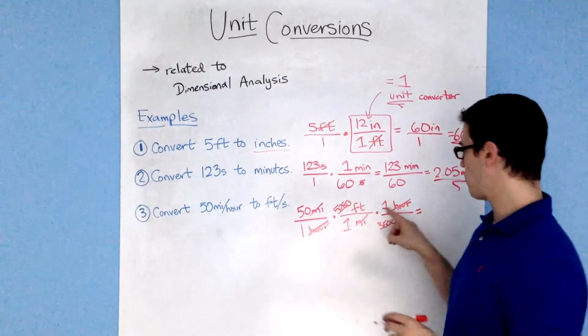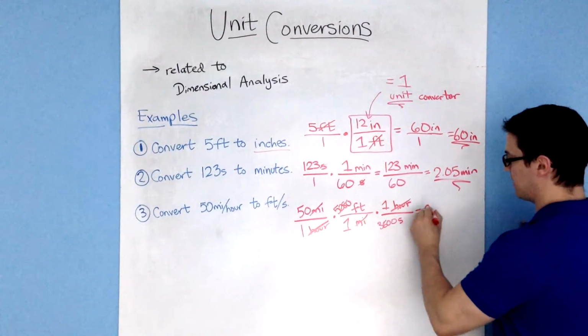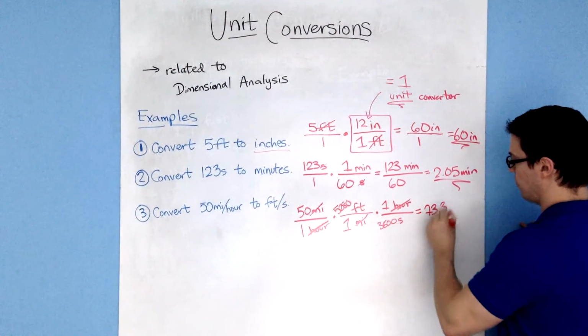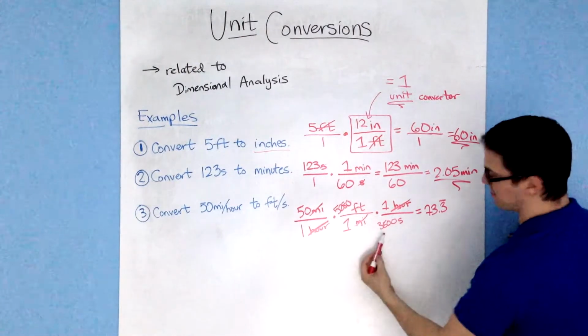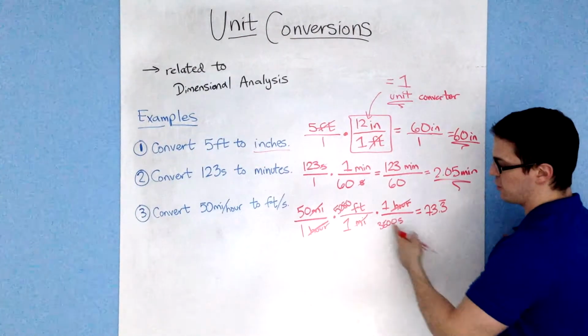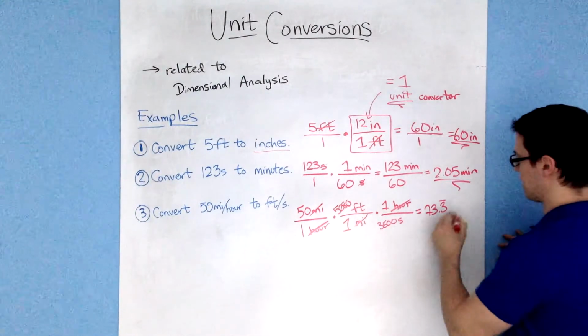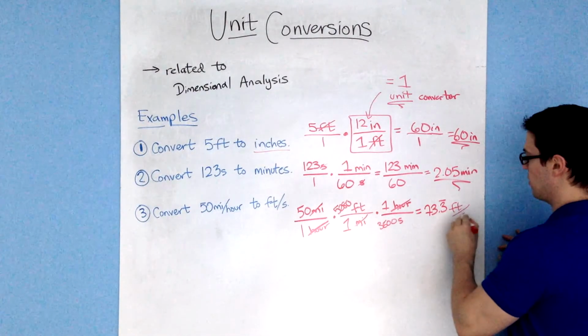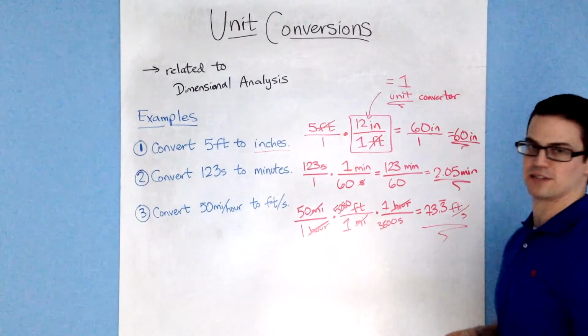So if you multiply it across and divide it by the 3,600, you should get 73.3 repeating, and the units that are left is feet divided by seconds here, so you would just write feet over seconds. And that would be your answer for the last one.